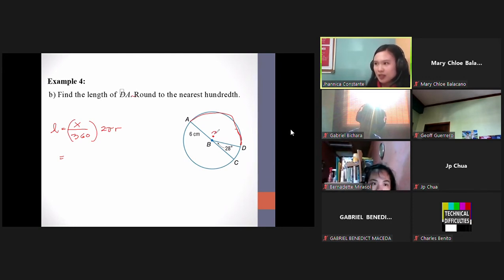So, since we have a diameter AC that is half our circle, creating 180 degrees for a semicircle, and one of the angles is 28 degrees, we can solve for this angle by using 180 minus 28 degrees.